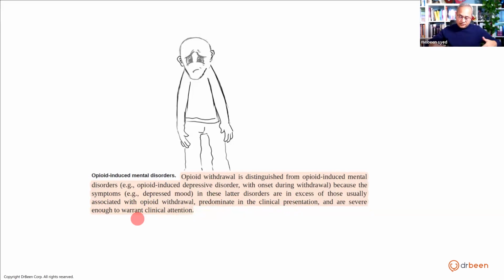They predominate in the clinical presentation, so the mental disorder symptoms will be dominant as the patient presents to you, and are severe enough to warrant clinical attention. This is an important differentiator for opioid withdrawal versus opioid-induced mental disorders. The takeaway: mental disorders would have more excessive intensity of the symptoms.